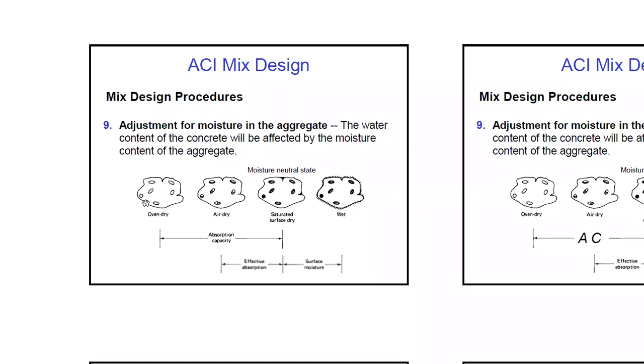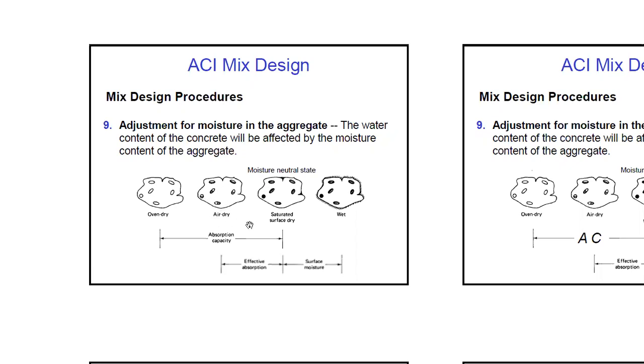So the oven drying method would enable us to remove almost all the water from the aggregate. In the air dried condition, the aggregate is dry from the surface, but there is some moisture within the holes of the aggregate. Like there are some minor and minute holes within the aggregate that are still holding some of the water.